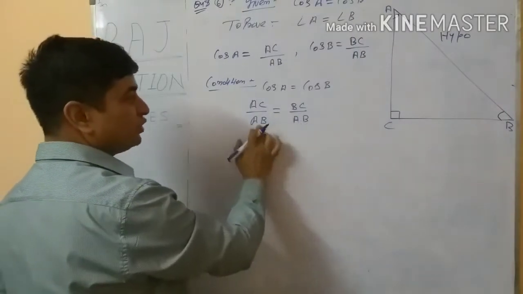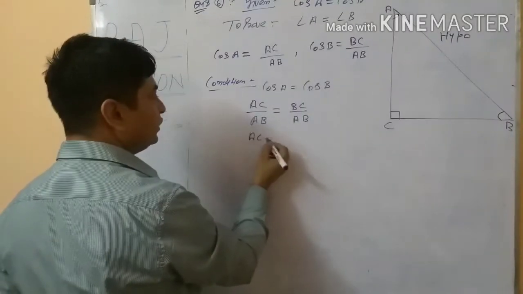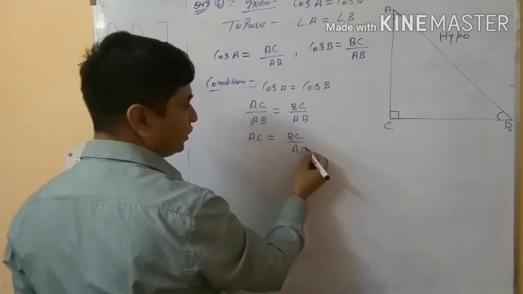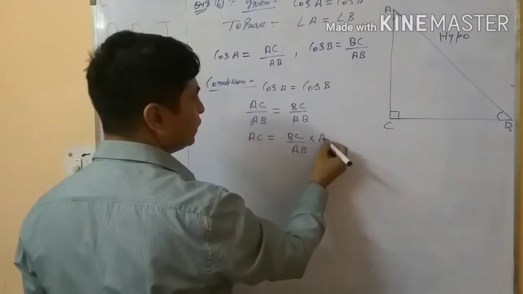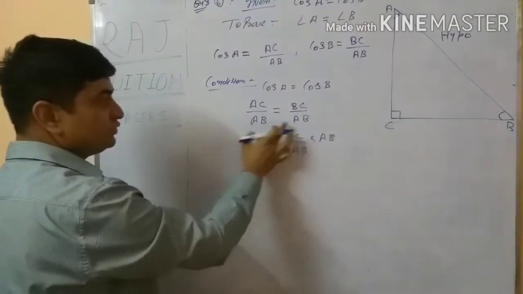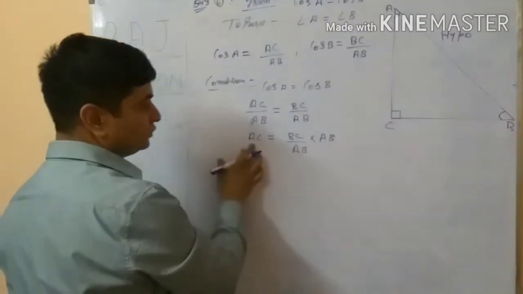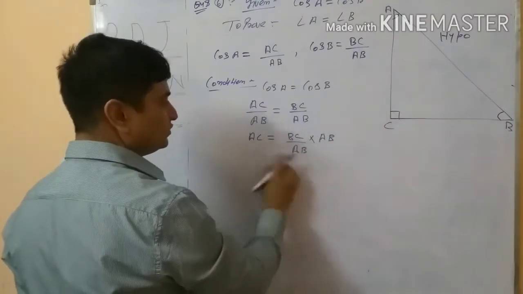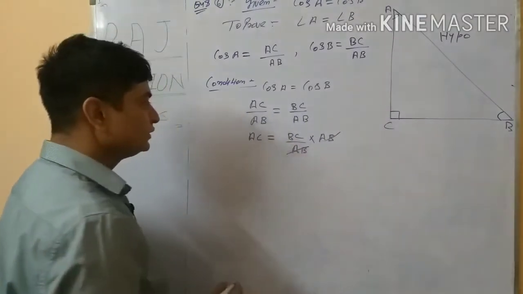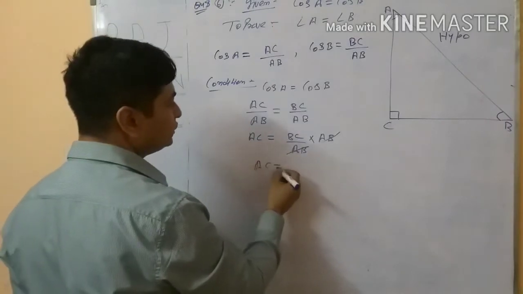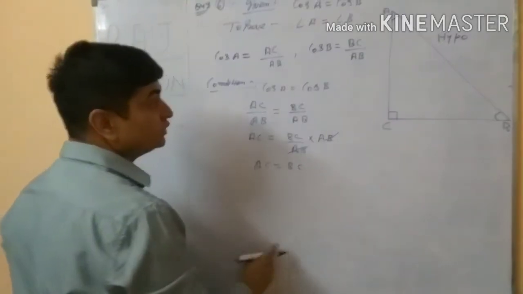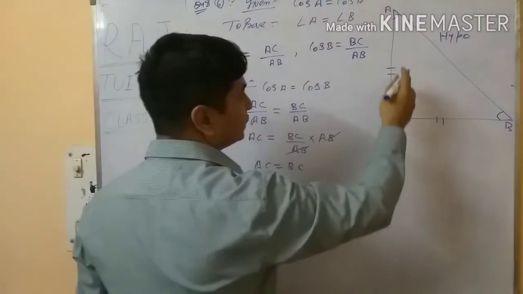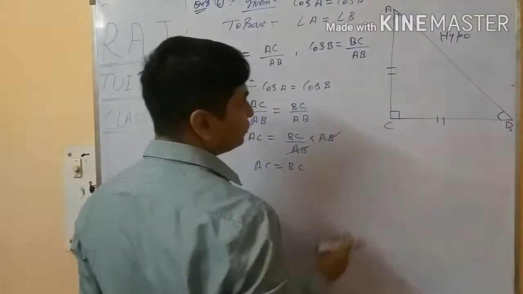If I transfer AB here, then AC equals BC upon AB multiplied by AB. This will transfer and the operation will get reversed. It will get multiplied here. AB cancels AB, then AC equals BC. So it is proven that BC equals AC, and this triangle is an isosceles triangle.